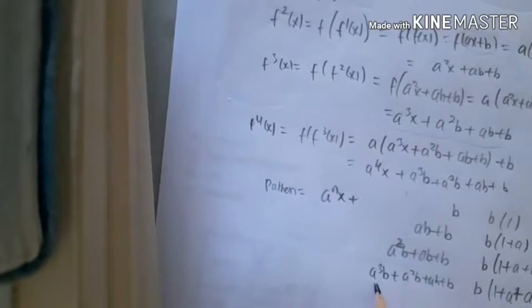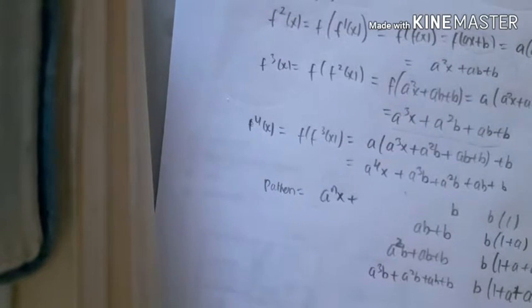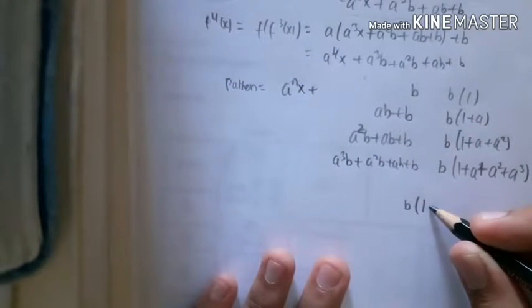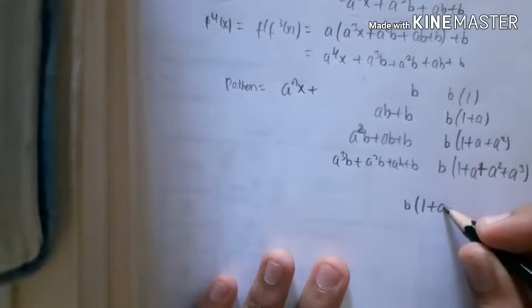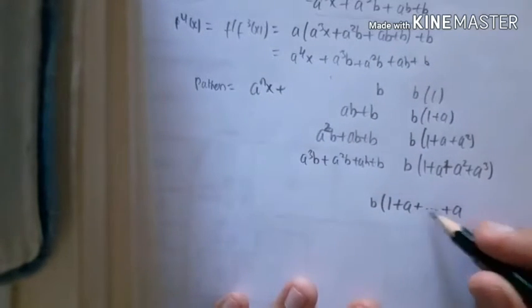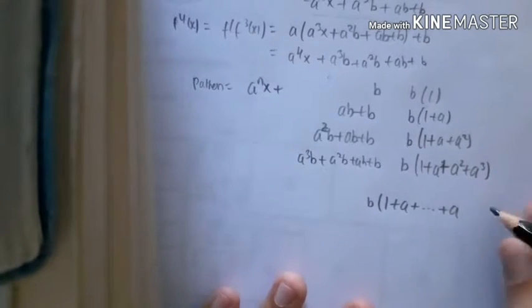We got the final pattern of ab is a to the power of n minus 1, right? So we can say that this pattern of b will continue from 1 plus a plus a squared, a third, a fourth, then a to the power of n minus 2, and a to the power of n minus 1.